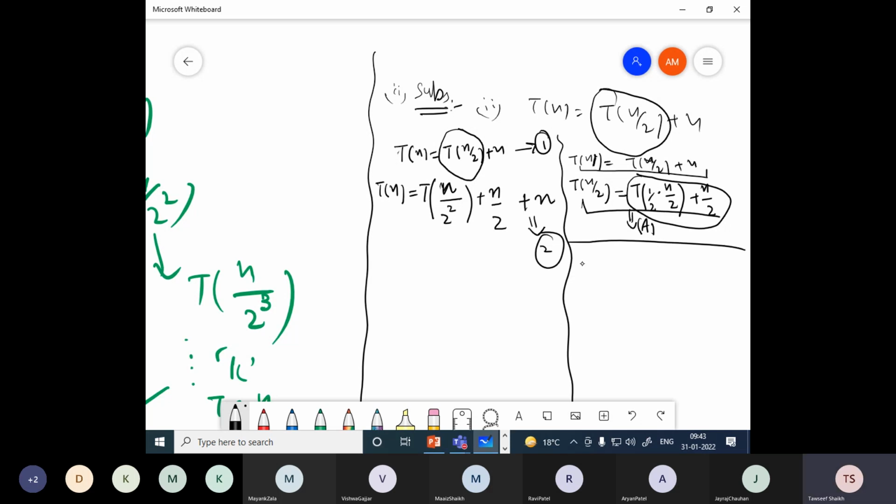To search for T of n by 2 square, which means from this equation, this term will remain unchanged because we had to only substitute something in its place. So n by 2 will be as such, plus this n will be as such. So something is to be added to this term to make it equal to T of n, and that something is whatever we get for T of n by 2 square.